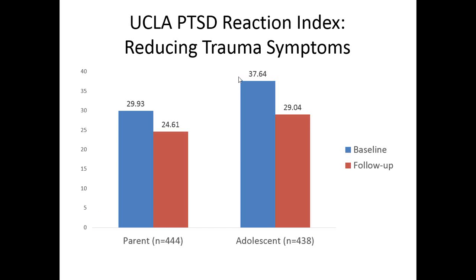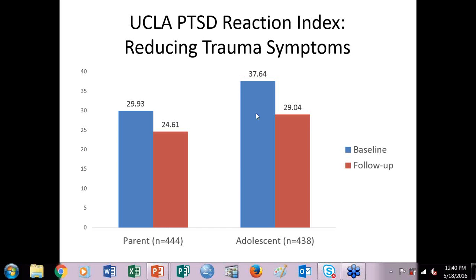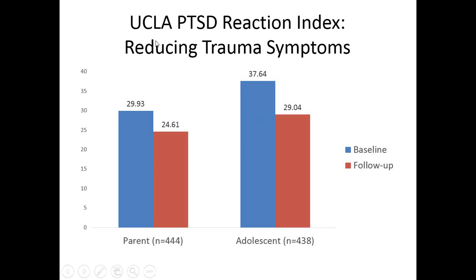Okay. So are our kids getting better? This, again, is all data since 2010, and these are just our average UCLAs. We have some pretty good data on baseline and follow-up. We have about 444 parents with matched baseline and follow-up.